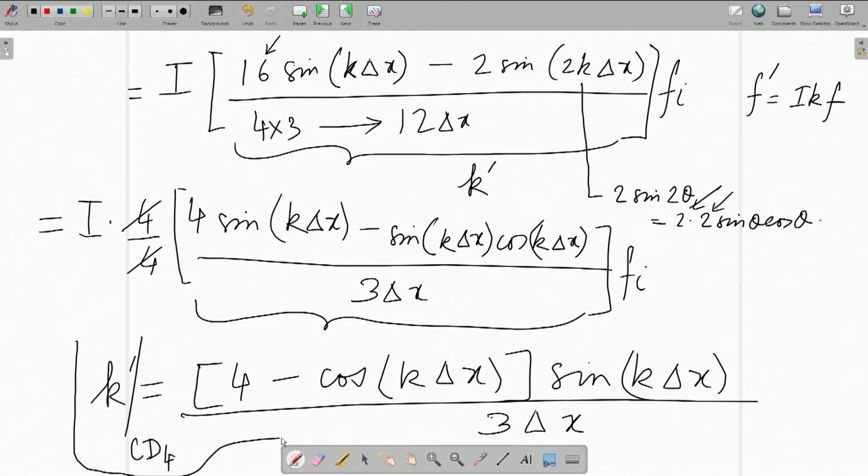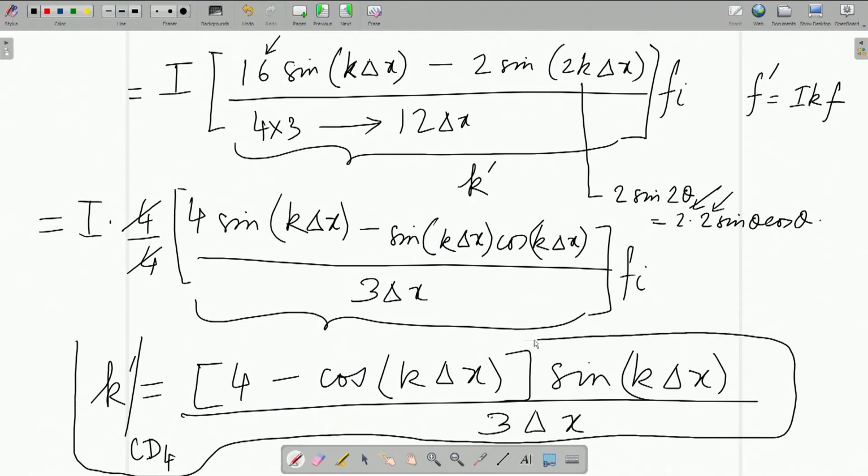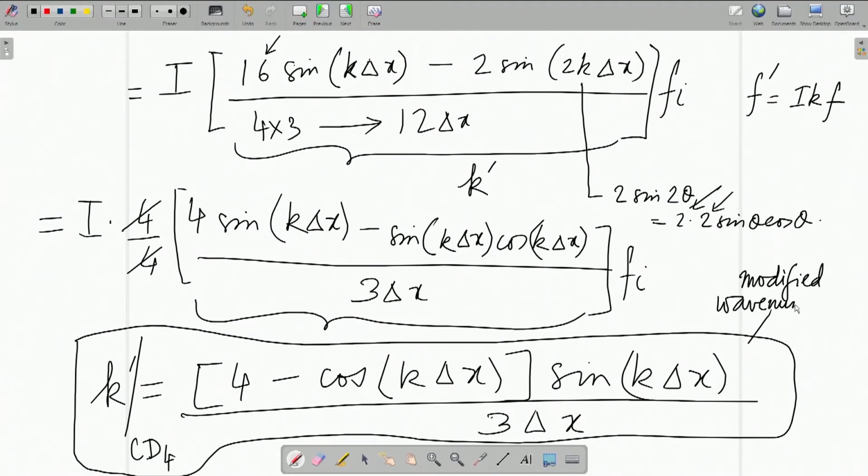So, this is our expression for the modified wave number for first derivative using CD4 scheme, to be more precise, finite difference scheme.